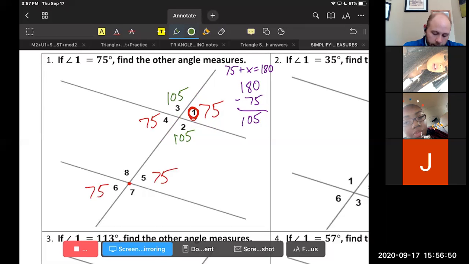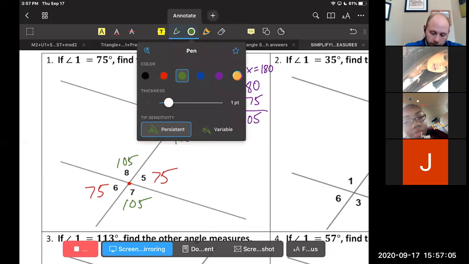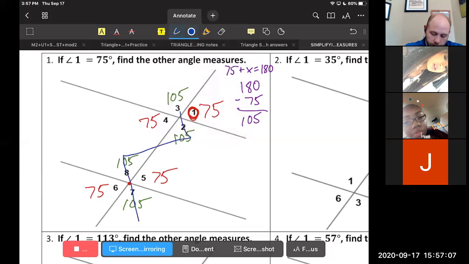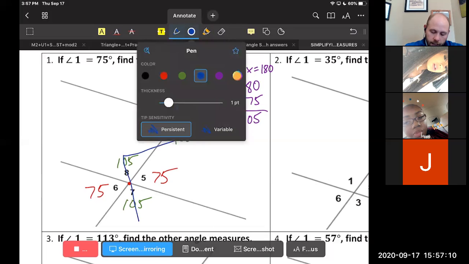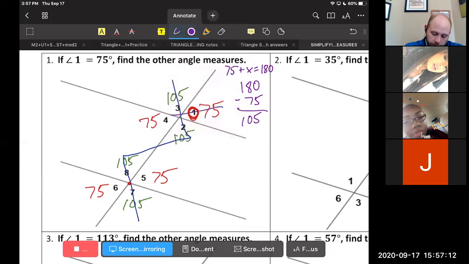And now to get over here to 5, 6, 7, and 8, 2 would go with 7, and that's 105. 3 would also go with 8. I'm sorry, 7 and 8 are vertical. So that's 105. Now look at this pattern that we made: 105s, and then 75s. It's like a little crisscross.